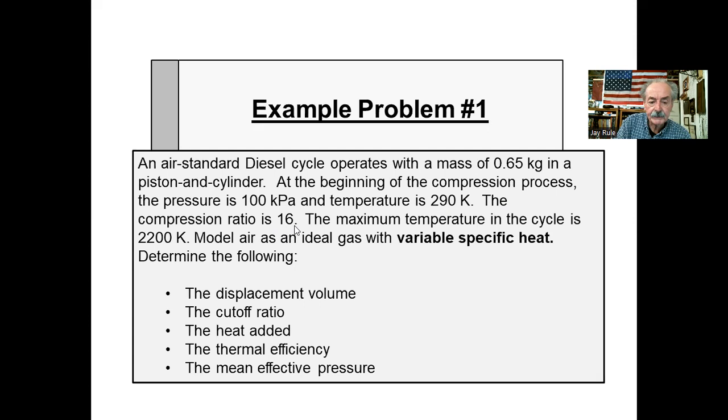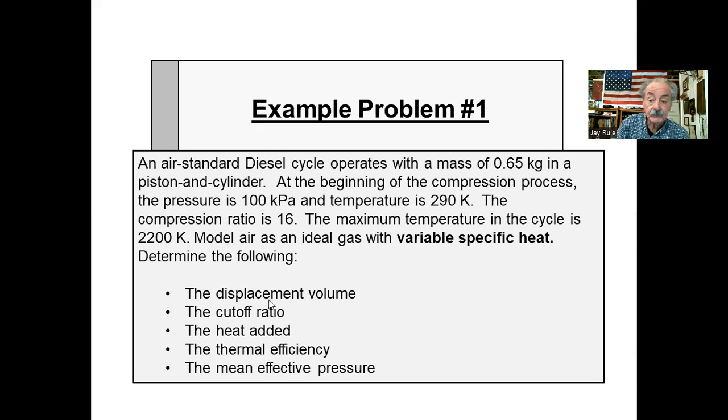The compression ratio is 16, very typical of a diesel engine. The maximum temperature in the cycle is 2200 K. That's hot and typical, representative of a real diesel engine. We want to model the air as an ideal gas with variable specific heat. Translation, use Table A-22. Air, variable specific heat, use Table A-22.